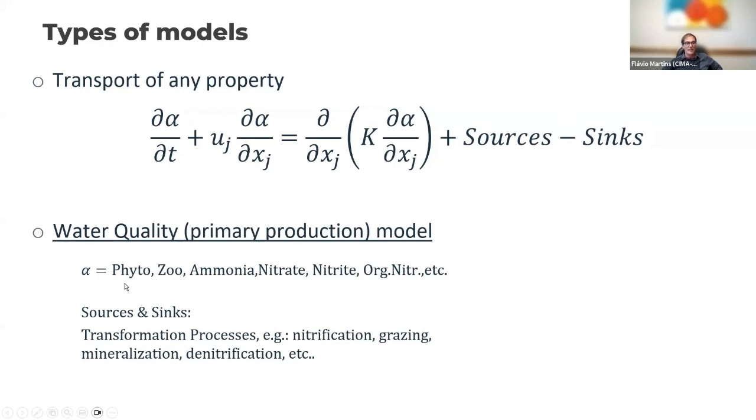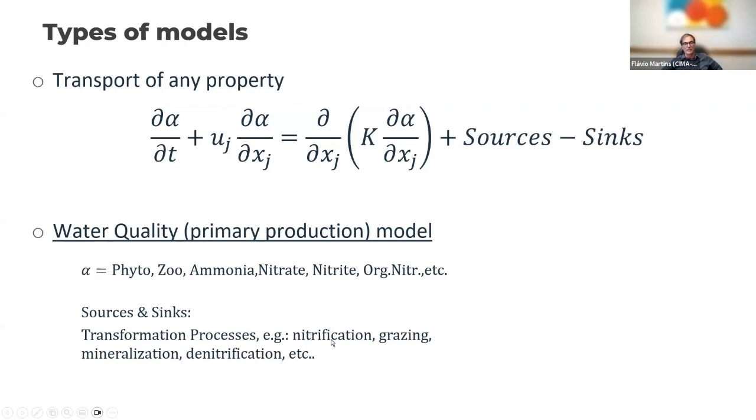Okay? And in that case, if we implement all these properties, we get a biogeochemical model. And the sources and sinks will be the processes that transform one property into the other.